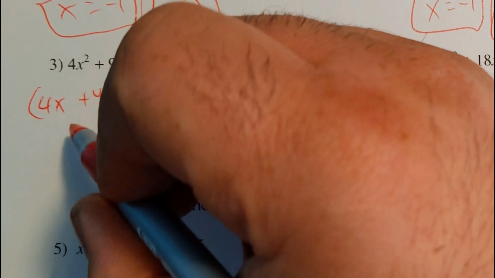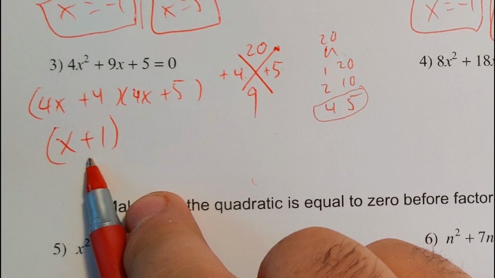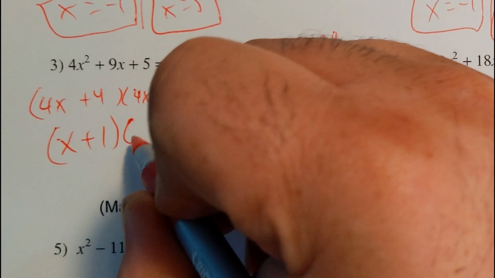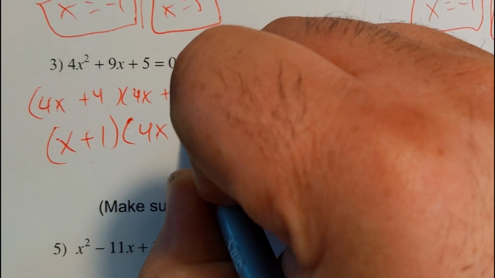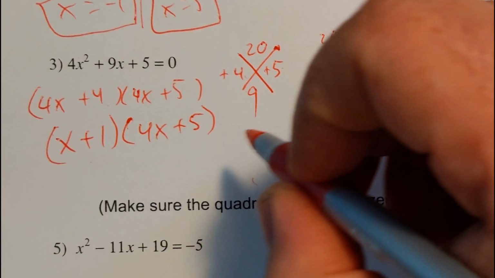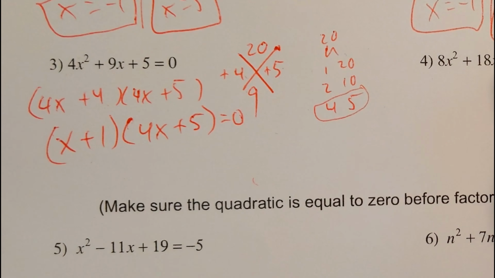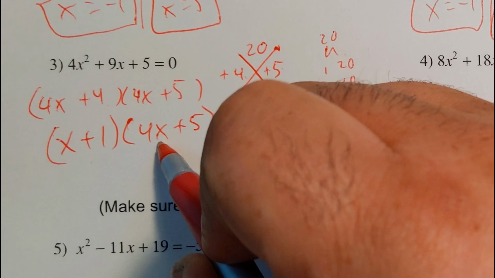So between these two numbers, they can both be divided by 4. That means it's going to reduce to x plus 1. Over here, it doesn't reduce, so you leave it 4x plus 5.